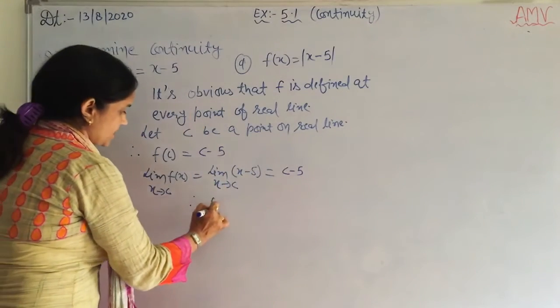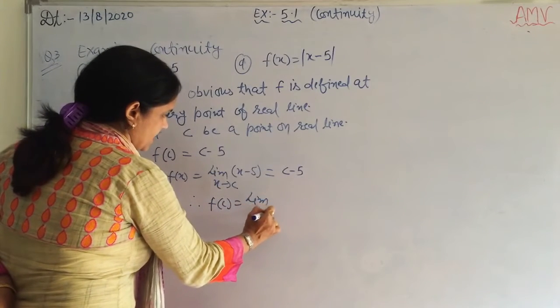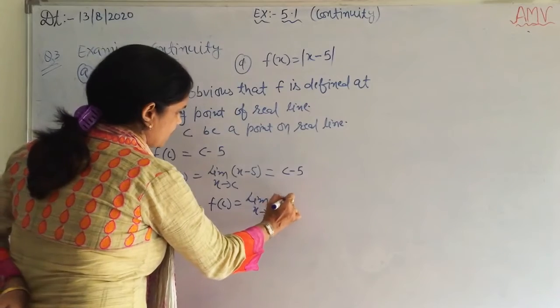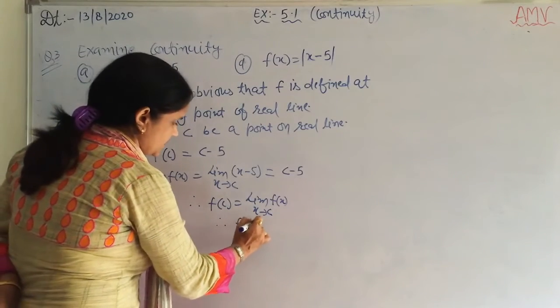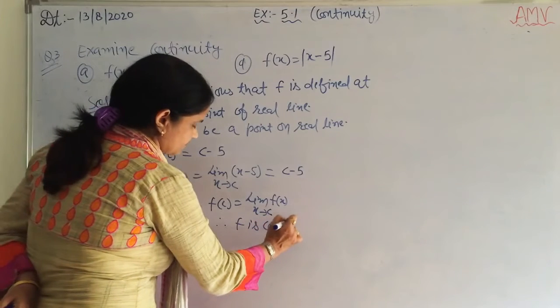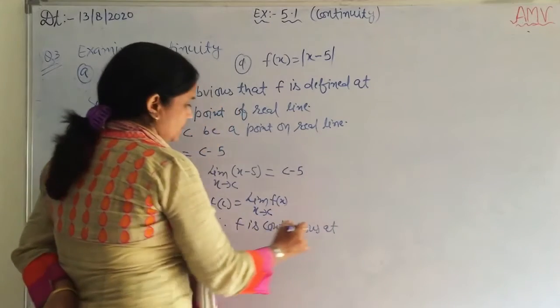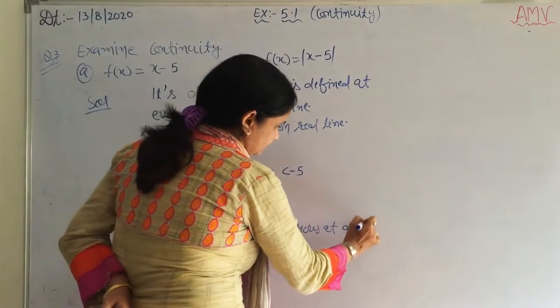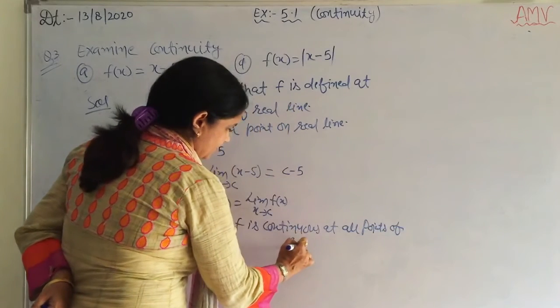So here f(c) is equal to the limit as x tends to c of f(x). Therefore the function is continuous at all points of the real line.